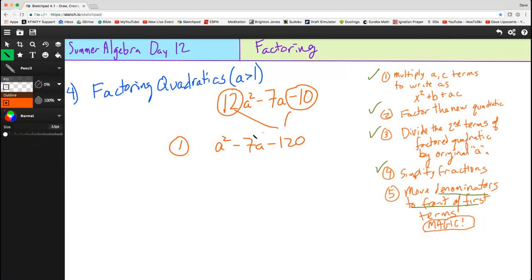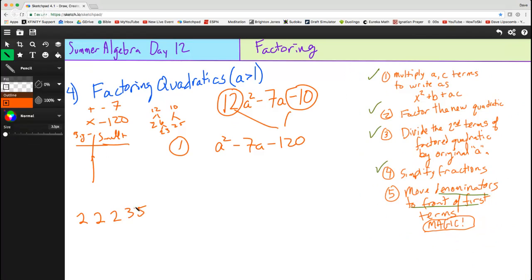Now we have to find numbers that multiply to negative 120 and add to negative 7. That's going to be a big negative and a small positive. So 120 breaks out into 12 and 10, 2 and 6, 2 and 3, 2 and 5. So my factors are 2, 2, 2, 3, 5.